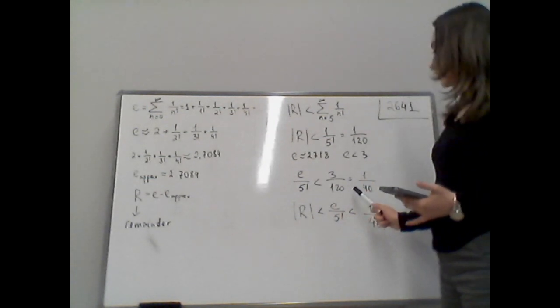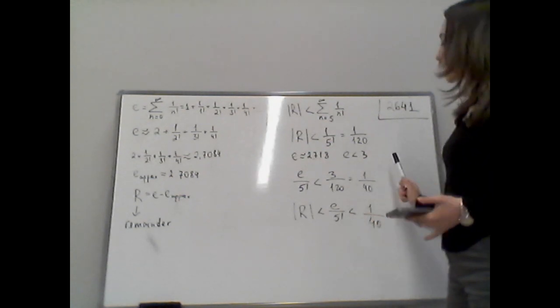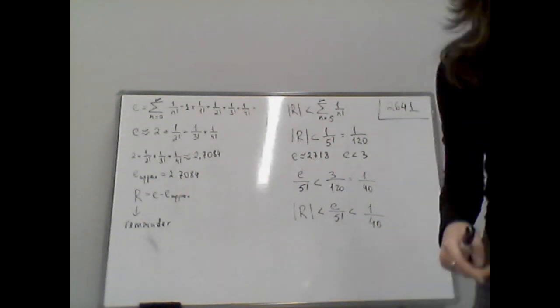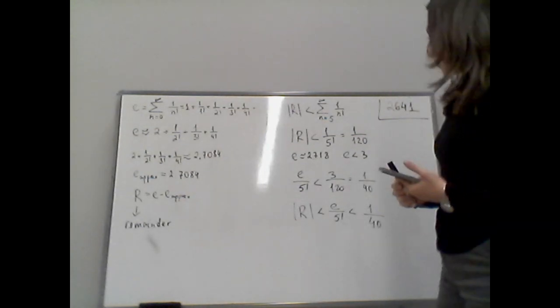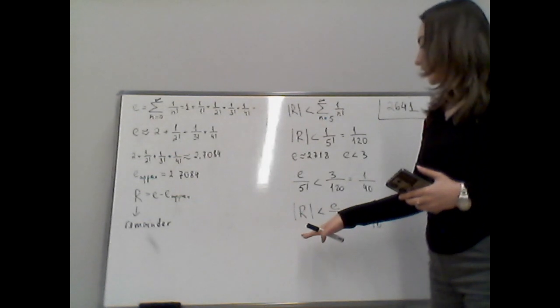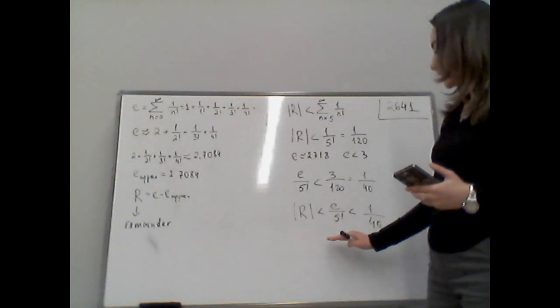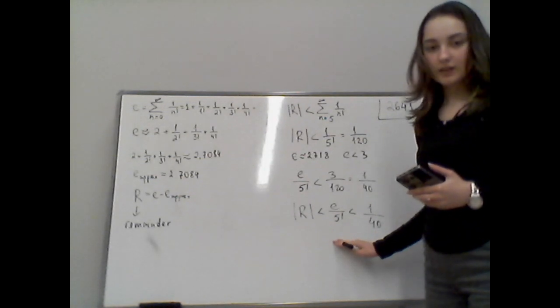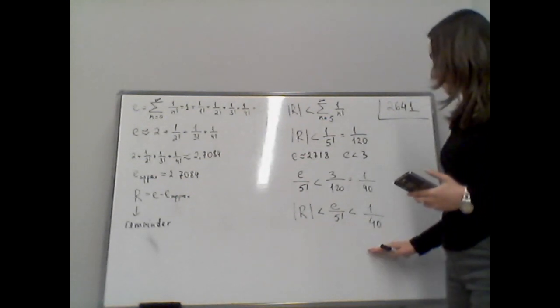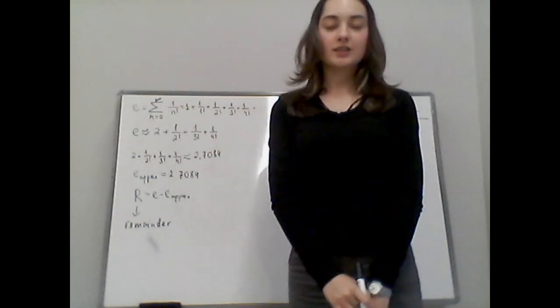And when we reduce this fraction, we get 1 over 40. So as a result, we can conclude that the error of approximation R is less than E over 5 factorial, which is also less than 1 over 40. Thank you for your attention.